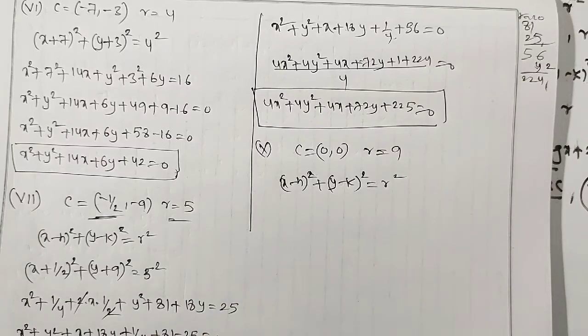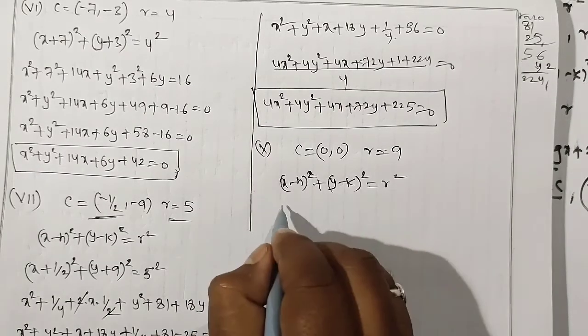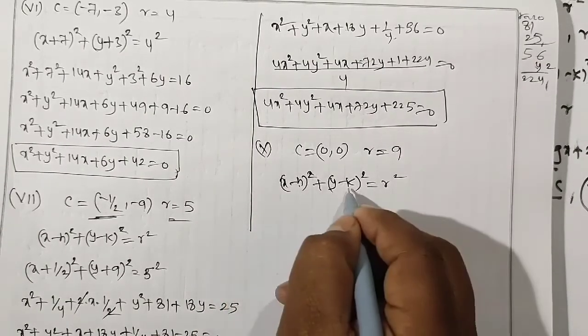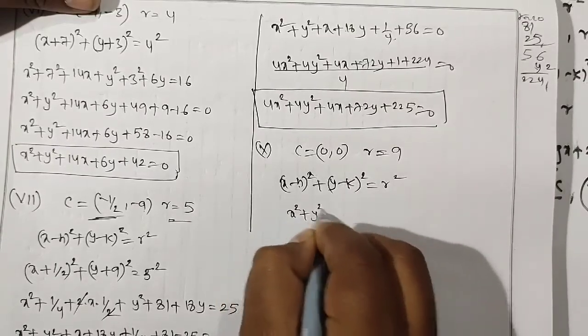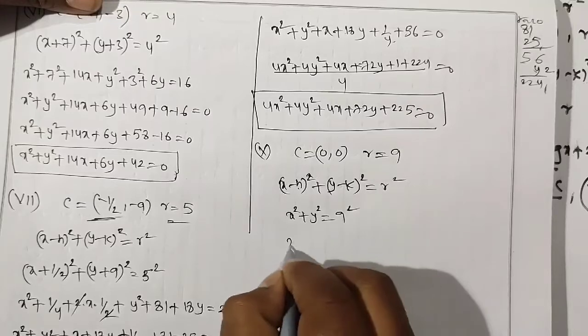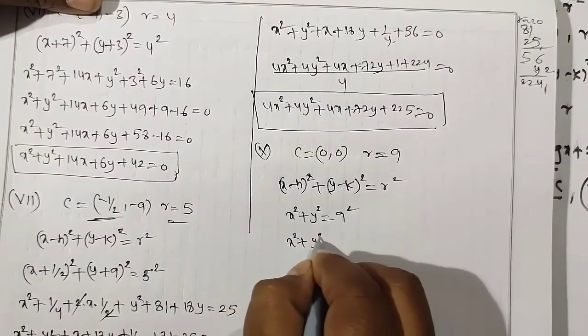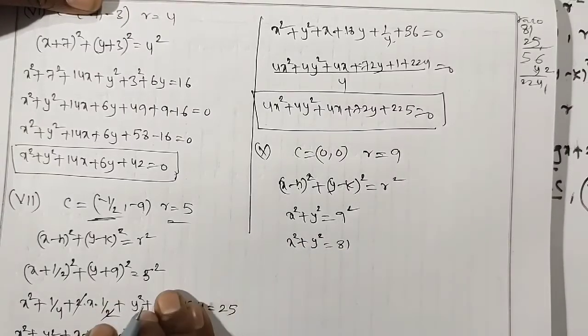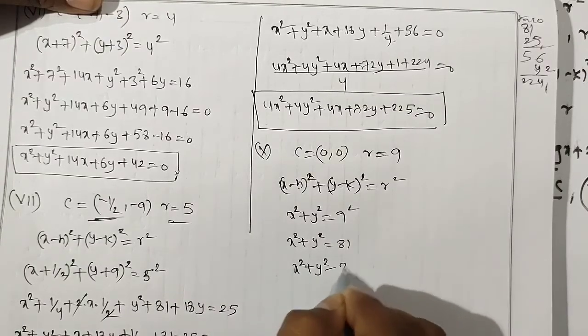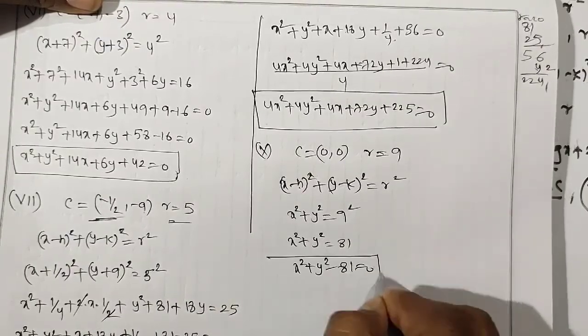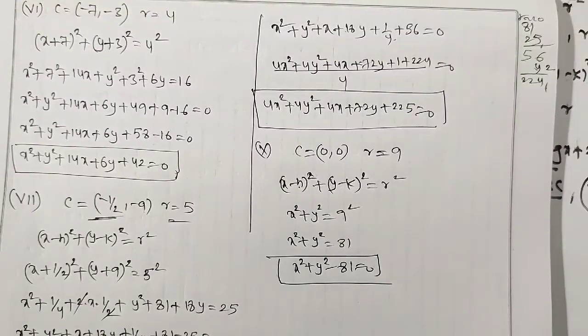Write the values of h and k: h becomes 0 and k becomes 0. Then we get x square plus y square is equal to 9 square, which is x square plus y square is equal to 81. Taking it to one side, x square plus y square minus 81 is equal to 0. So this is the circle equation for the given centre and radius.